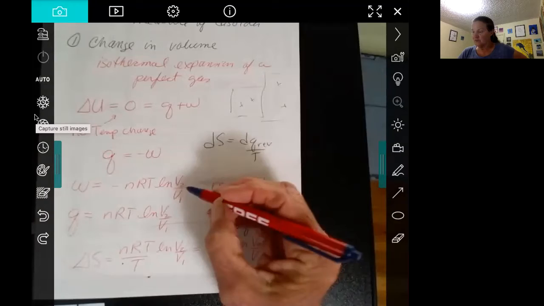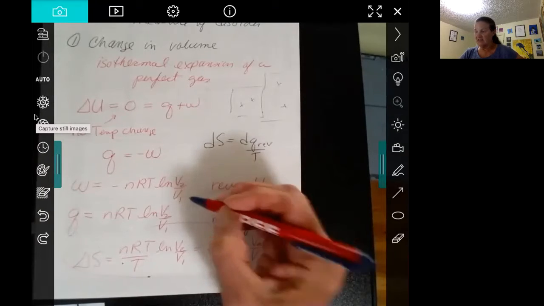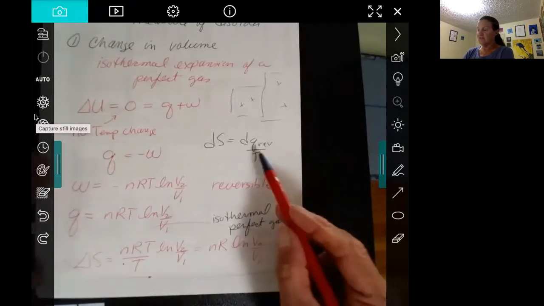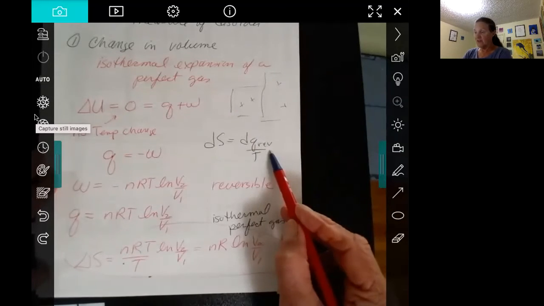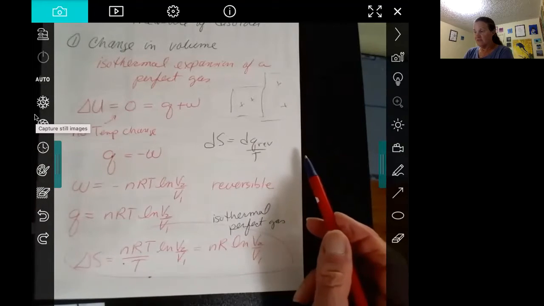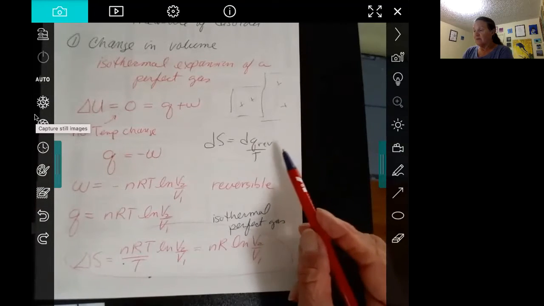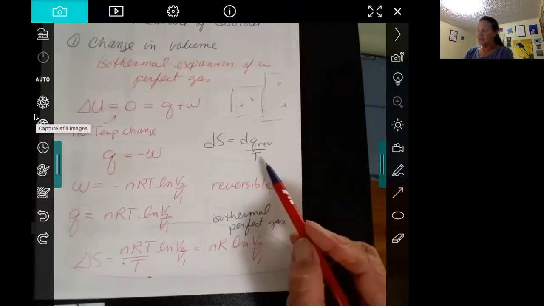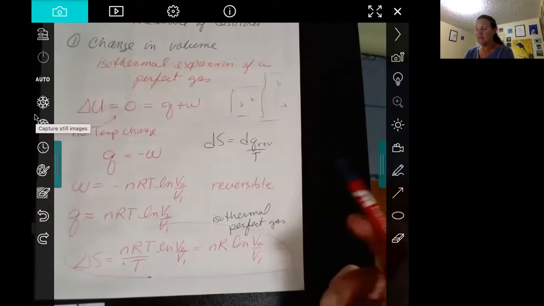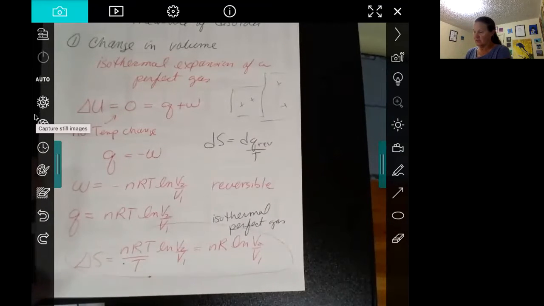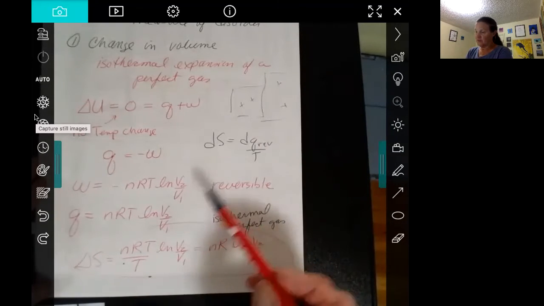All that matters is you know the temperature it took place at and the two volumes, because you have to find a reversible path to carry out the process if it's irreversible. And so this equation we derive will be valid for however the volume changes in a reversible or irreversible process.